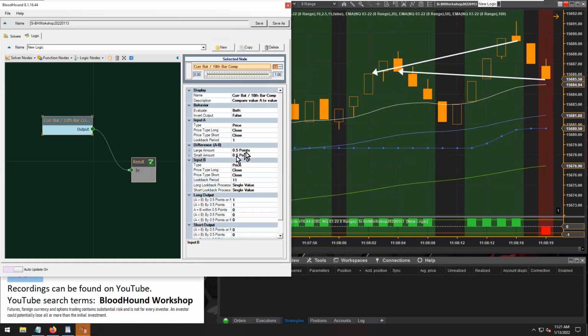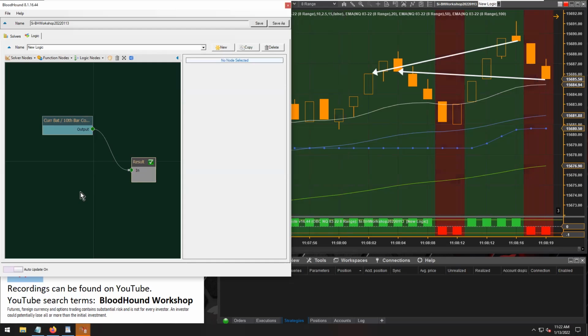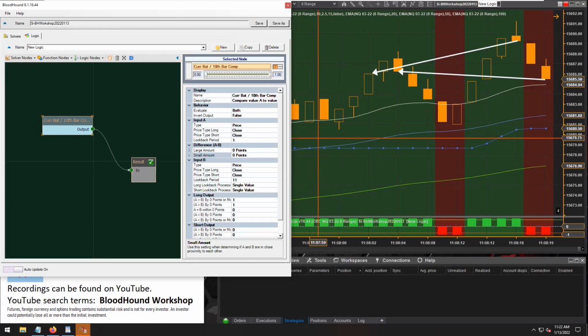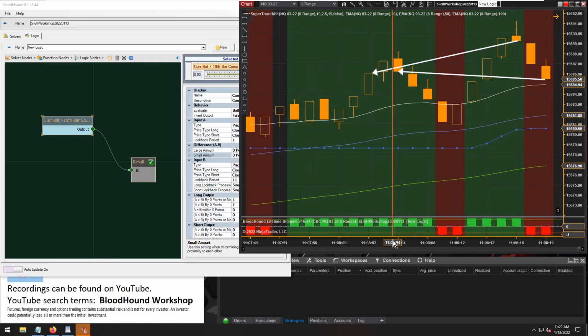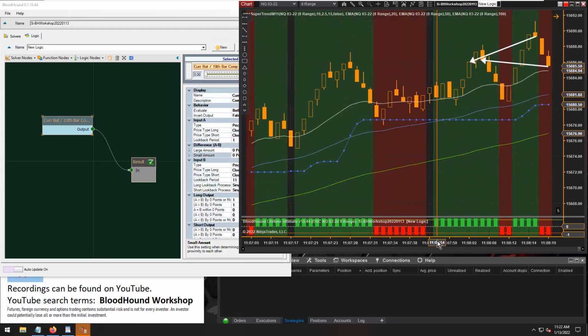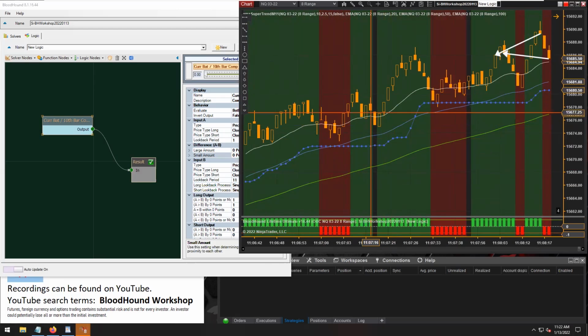And don't forget, I had half a point in this comparison solver by accident. So let's clear that out. There we go. No wonder there were gaps. Normally I would not expect to see that many bars with no output.